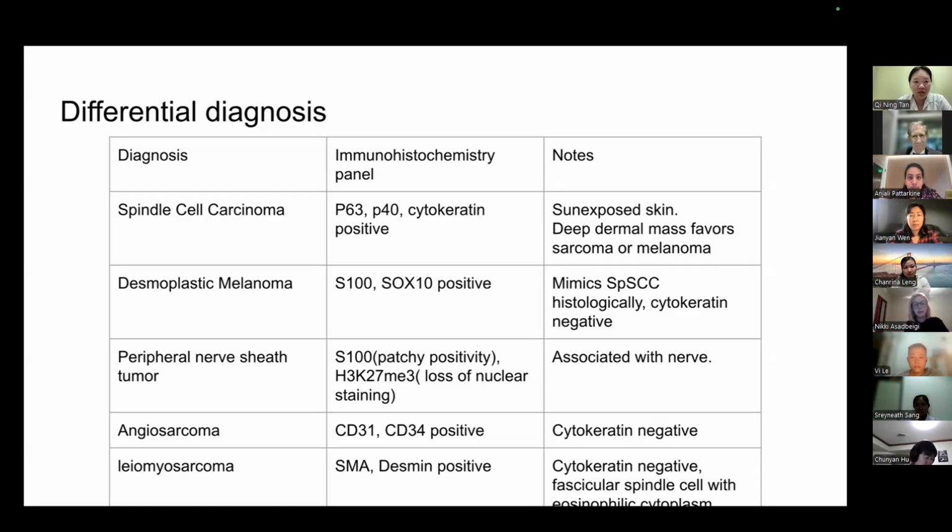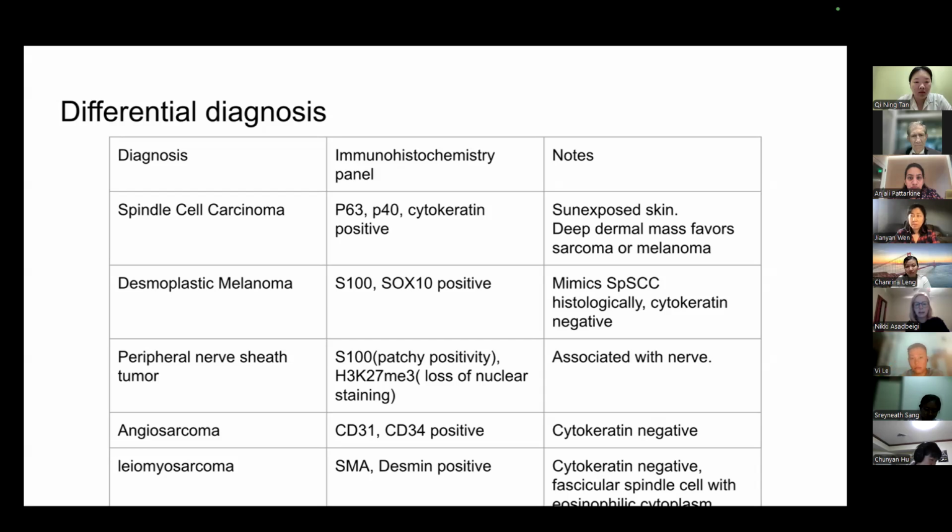The other one is desmoplastic melanoma. For desmoplastic melanoma, you won't always have the epidermal changes that you usually want to see in melanoma. If you have the epidermal changes, great, it makes the diagnosis easy, but sometimes you don't have that. So it's going to be based on immunohistochemistry.